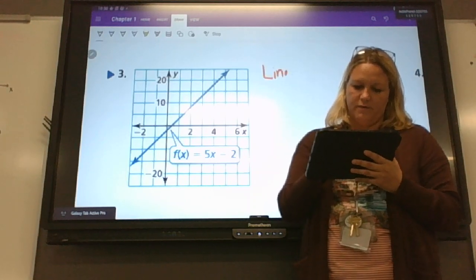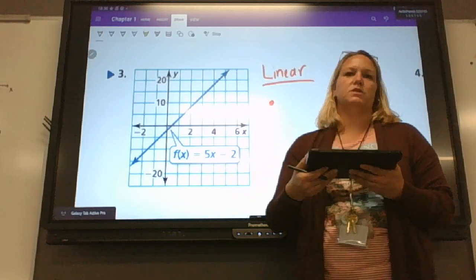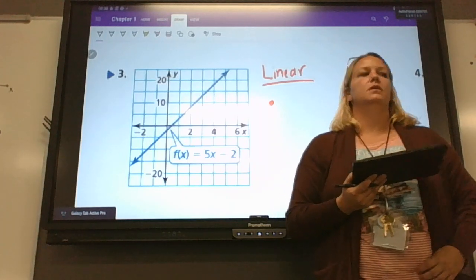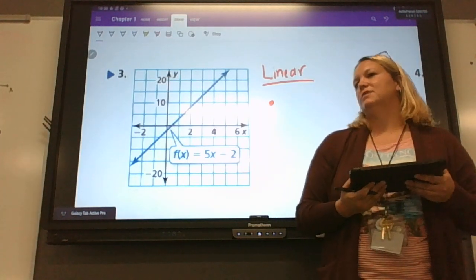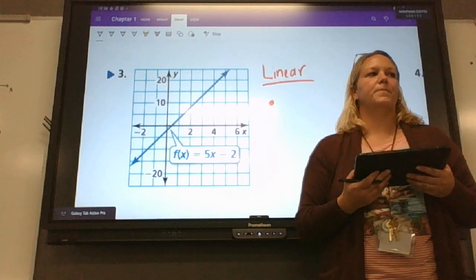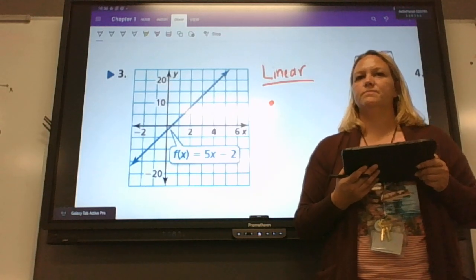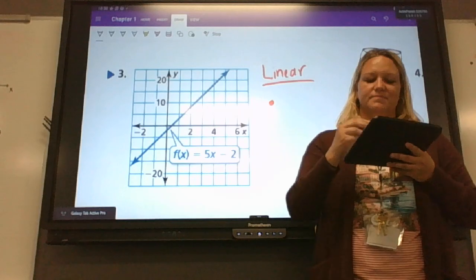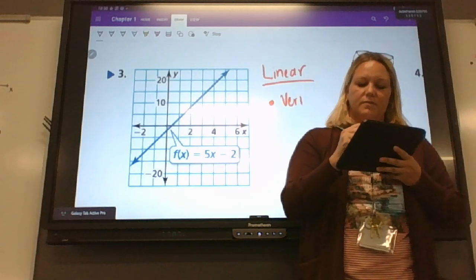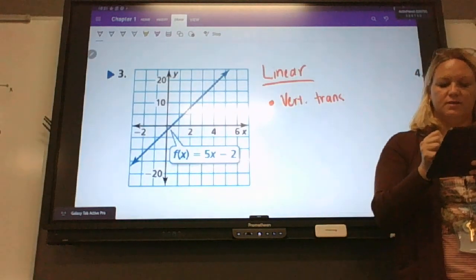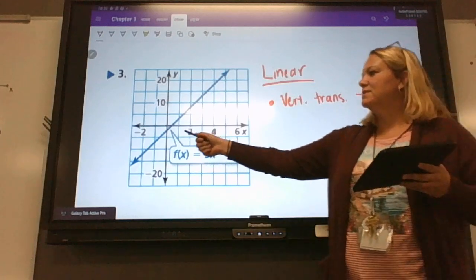Linear family. What's one change we see here? Someone who hasn't gone yet. I guess this is the hardest one though. Anybody yet? See a change? Yes? Yeah, vertical translation, -2. It doesn't look like it's down 2.